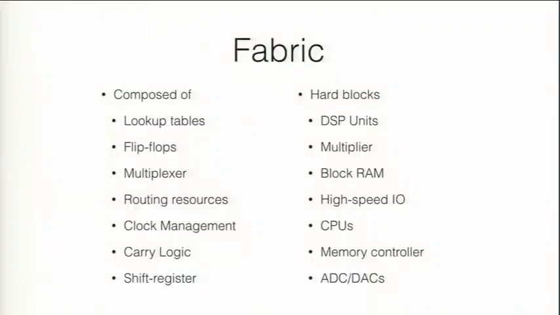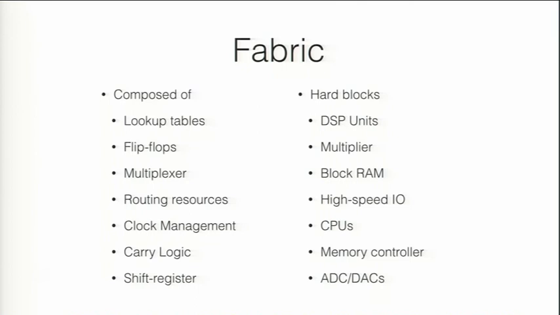So in reality, it's not just the lookup tables that this so-called fabric, which is the programmable part of the FPGA, is composed of. It also contains the flip-flops, or the data storage registers, as they call them.